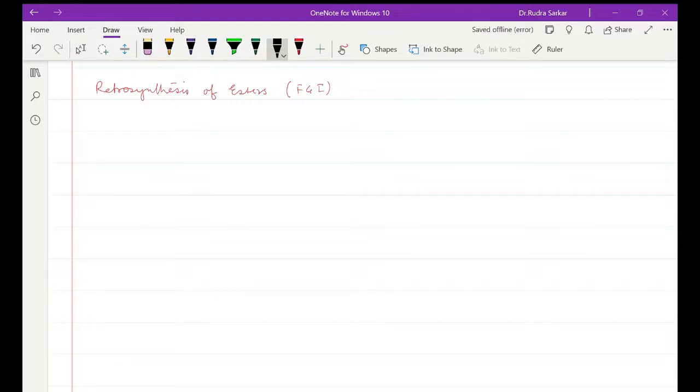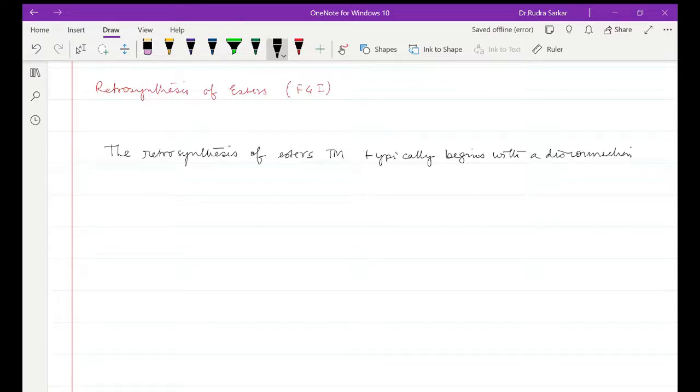So we will begin the lecture by saying that the retrosynthesis of ester target molecules typically begins with a disconnection of the C-O bond.